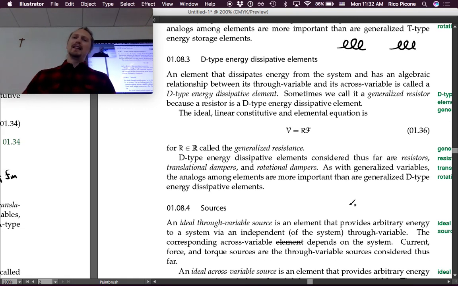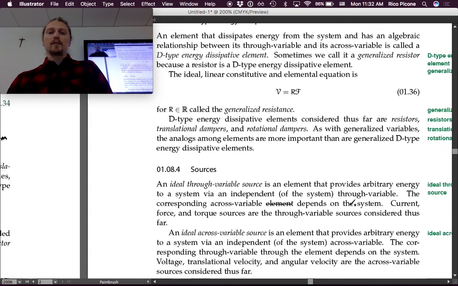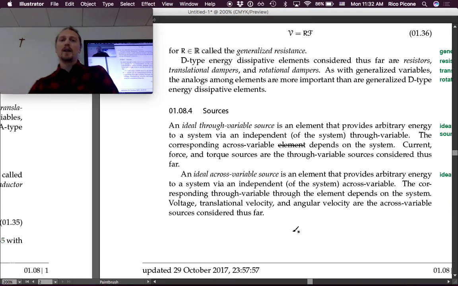Once again, the important thing is to recognize that there are analogies among the different dissipative elements. And finally, we have sources. An ideal through variable source is an element that provides arbitrary energy to a system via an independent through variable. So independent of the system, you can connect it to anything and it'll provide that through variable happily.